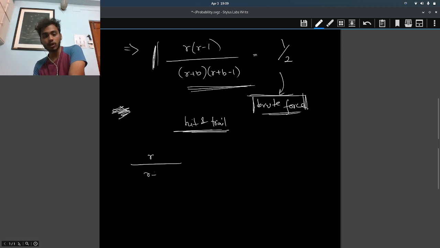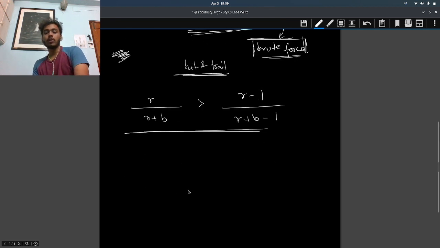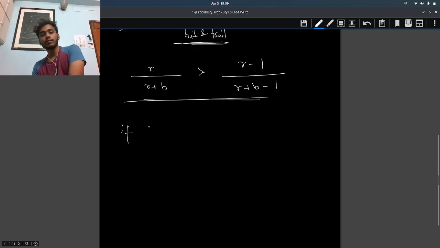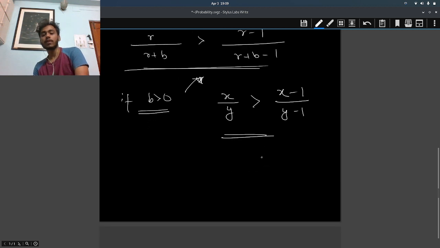So what I do is, r by (r plus b) is greater than (r minus 1) by (r plus b minus 1), if b is greater than 0, then this is always true. Why? Because there is a result which says x by y is greater than (x minus 1) by (y minus 1) if x is less than y.